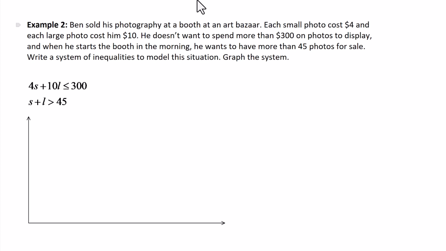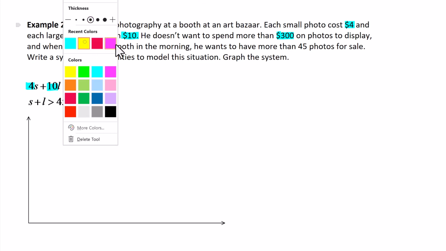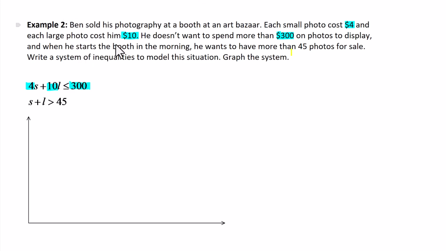So let's go ahead and highlight that information. $4 and $10 for small and large photos respectively, and he does not want to spend more than $300 prepping his booth. In addition to that, he knows that he wants to have more than 45 photos. So a combination of the small and the large would need to be greater than 45.